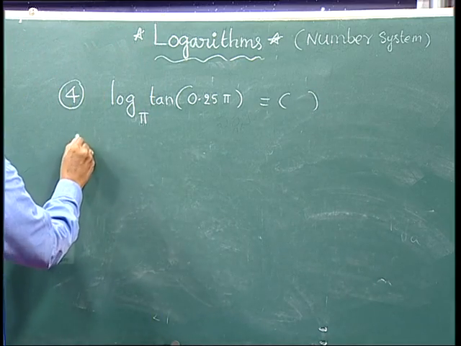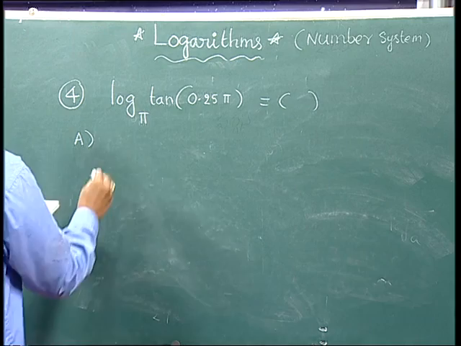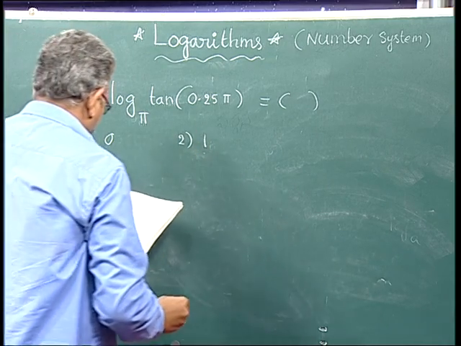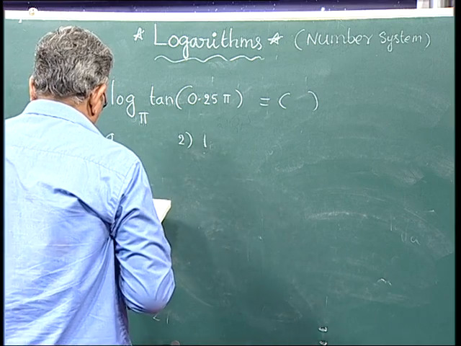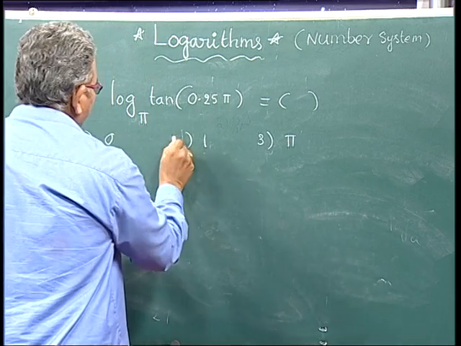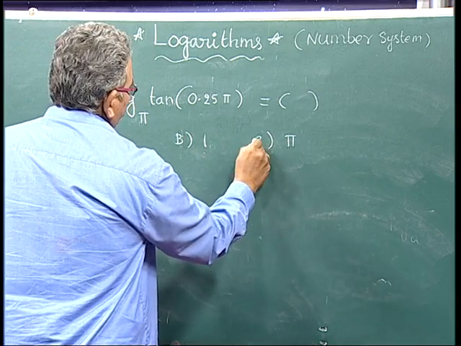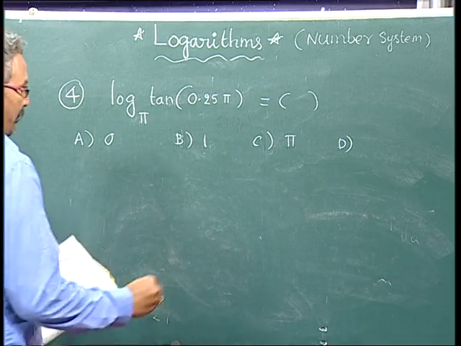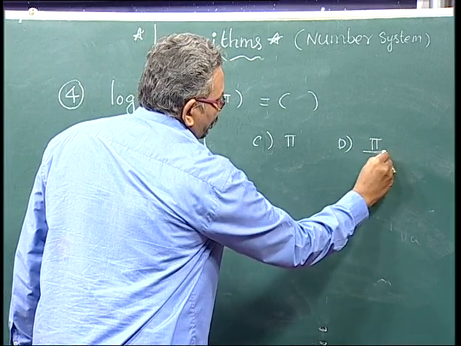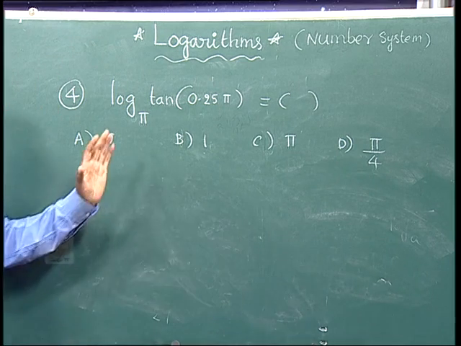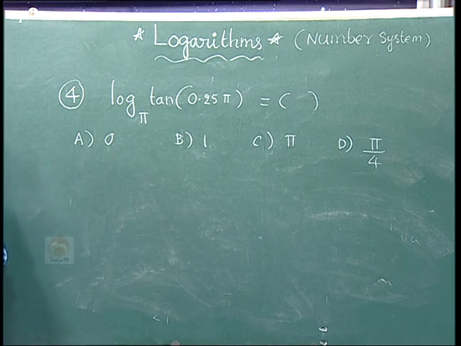Options: A 0, B 1, C pi, D pi by 4. So, now how shall we do this problem?